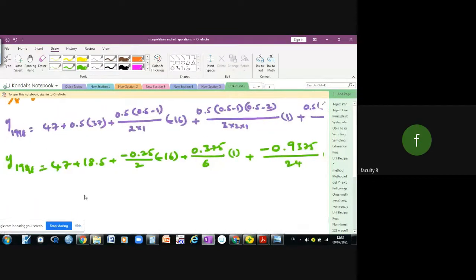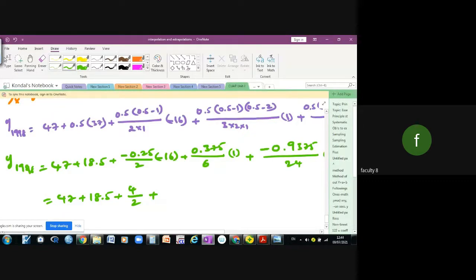So, next step, we can calculate like this. 47 plus 18.5. So here minus into minus plus. Okay. So here plus value 0.25 into 16. How much will we get? 4 by 2. 0.25 into 16, minus into minus plus, 4 by 2 plus.